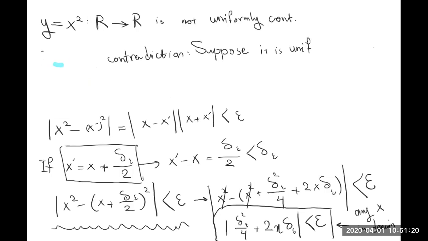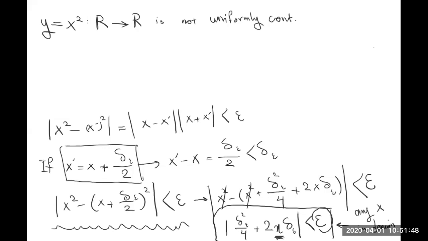Just look at what we have there. We want to say the absolute value of delta squared over 4 plus 2x delta is less than epsilon. And it says it's correct, doesn't matter what x is. Of course it's wrong. Just take epsilon to be 1 billion. Of course, 2 times 1 billion times delta plus something else is not going to be less than epsilon.